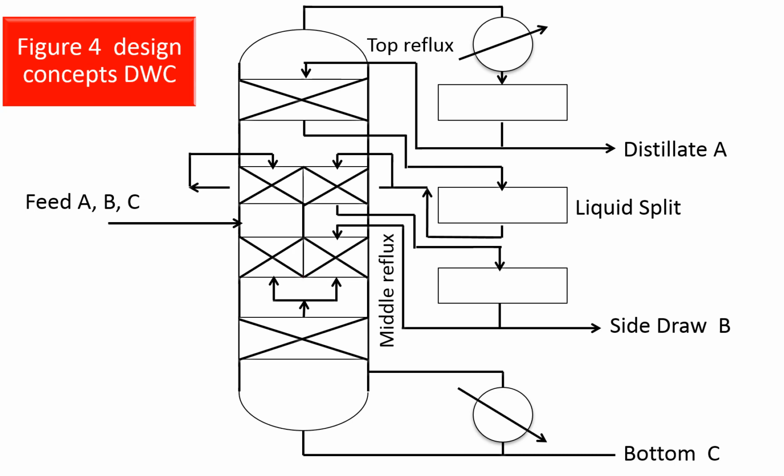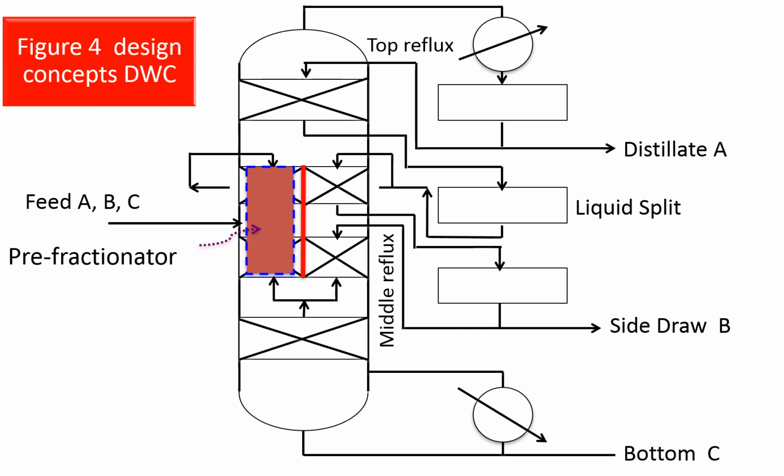This figure helps you to understand the working of the DWC. The feed consisting of 3 components A, B and C is pre-fractionated into 2 streams, the top and bottom, in the pre-fractionator.